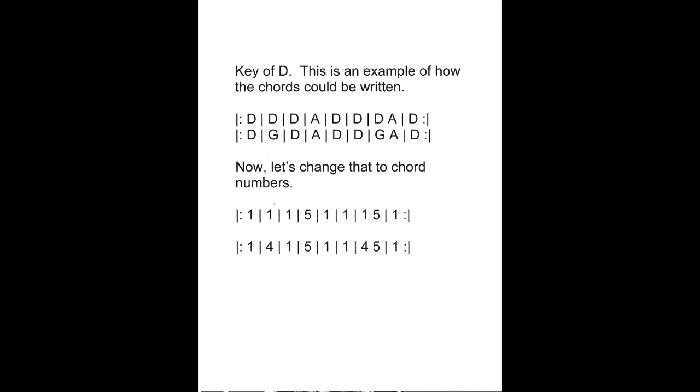The next chord there is a G, and we know that G is 4, so we've put a 4 in those spots. So what we now have is 1, 1, 1, 5, 1, 1, 1, 5, 1. And on the second line, 1, 4, 1, 5, 1, 1, 4, 5, 1.